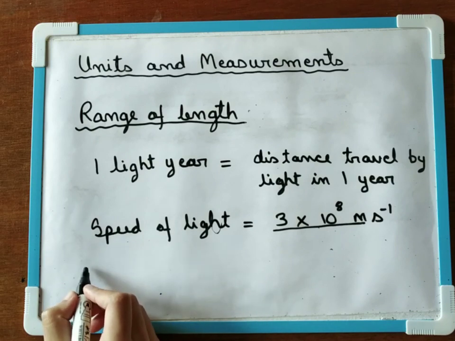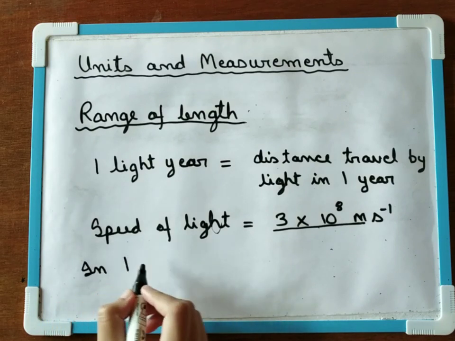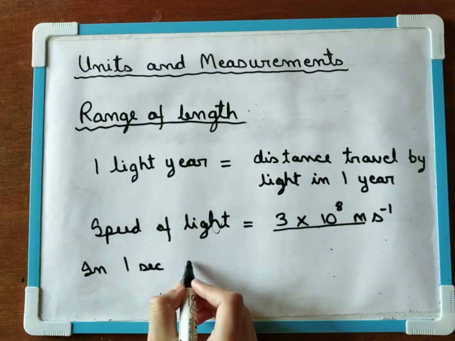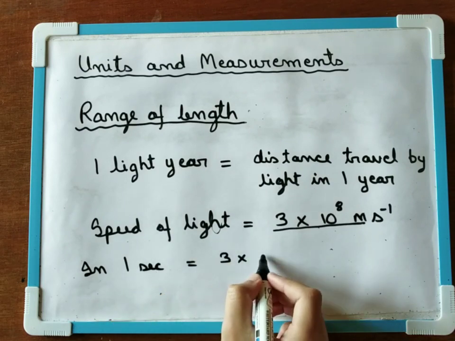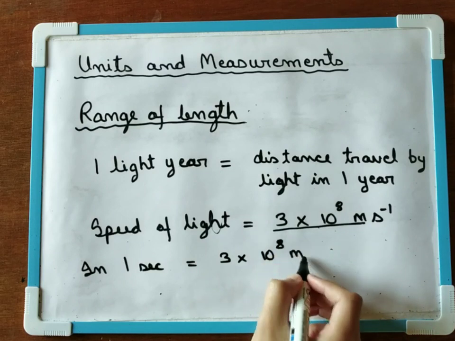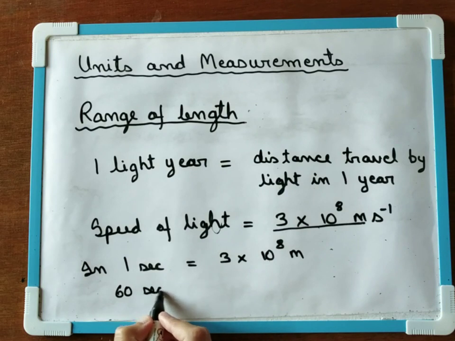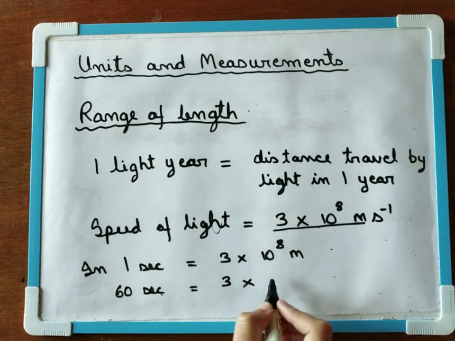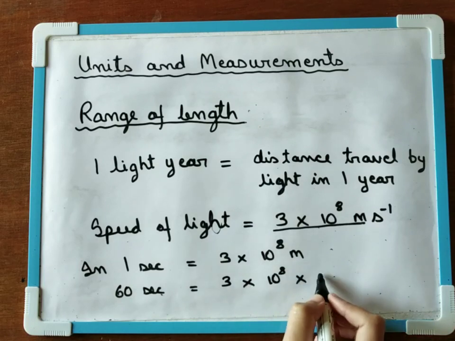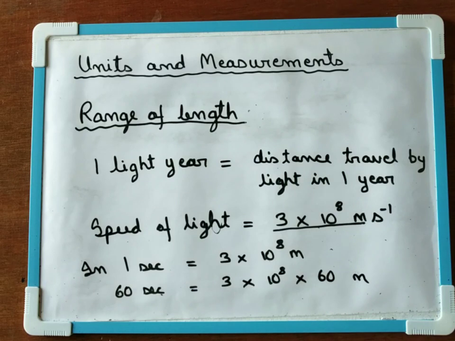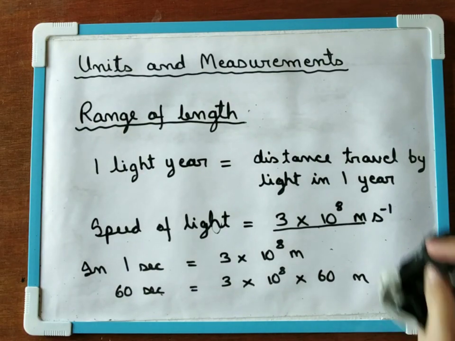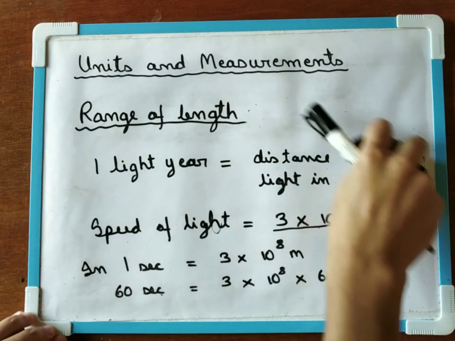So I'll write it here. In 1 second, the distance traveled is 3 into 10 to the power 8 meter. Then in 60 seconds or 1 minute, you'll have to multiply this with 60. So this is for 1 minute. Then for 1 hour, that is 60 minutes, how much will be the distance?